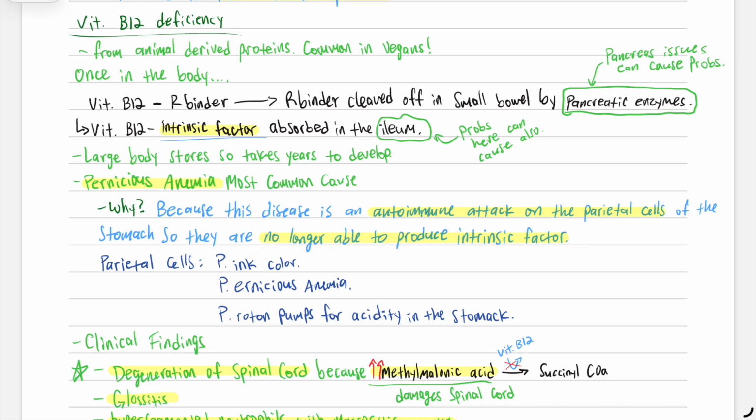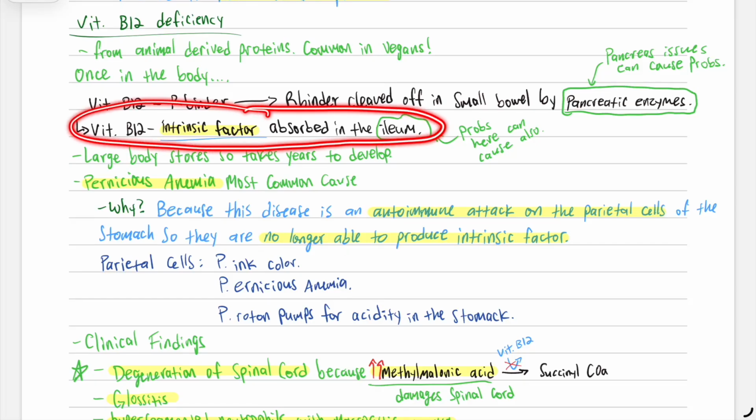And so that makes it a problem to absorb vitamin B12 because vitamin B12 requires intrinsic factor to be absorbed in your small bowel, specifically in the ileum. So if we have pernicious anemia and our immune system is attacking our stomach's parietal cells, we're not able to produce intrinsic factor and we're not able to absorb vitamin B12 from our diet, and that makes us deficient.